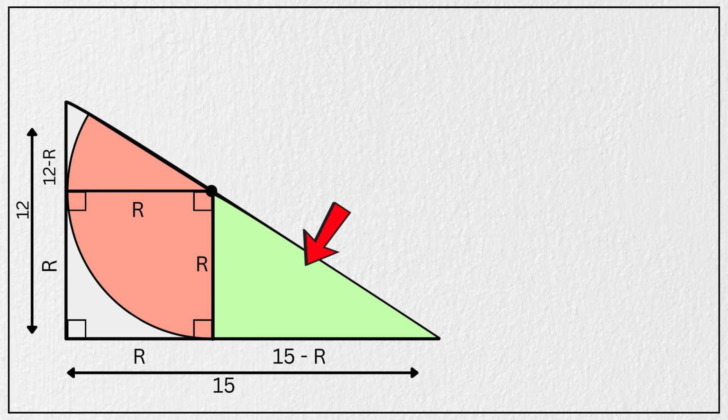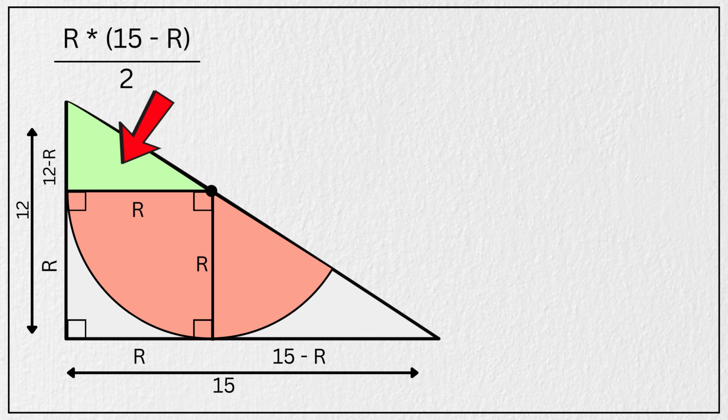Now, as we can see, this triangle has a base of 15 minus r and a height of r. So the area of this triangle will be calculated as r times 15 minus r divided by 2. Similarly, this other triangle has a base of 12 minus r and a height of r. So the area of that triangle will be r times 12 minus r divided by 2.